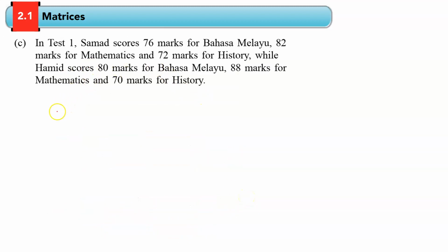So, C. So, matrix C. Apa yang kita ada? BM 76. Dan kita ada Maths 72. History... Maths 82.